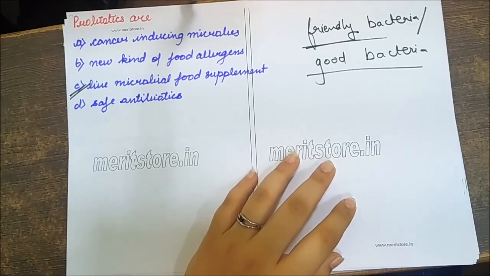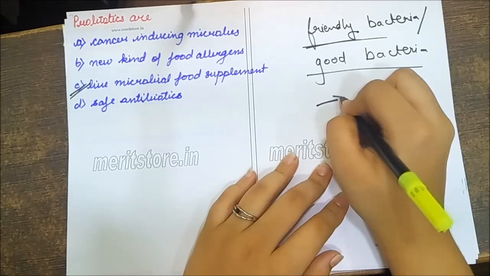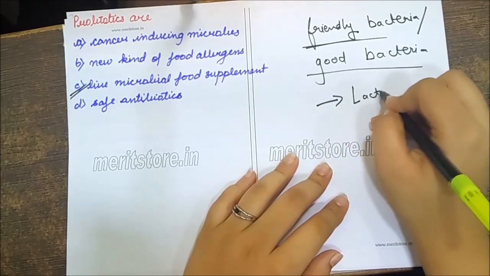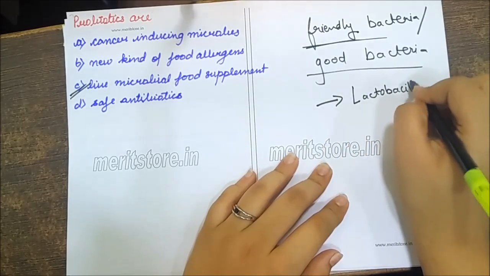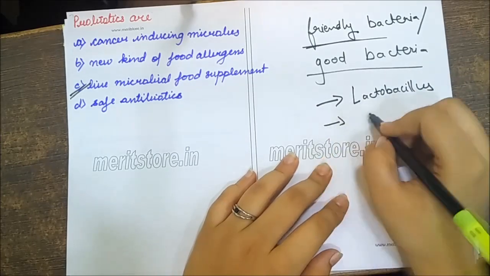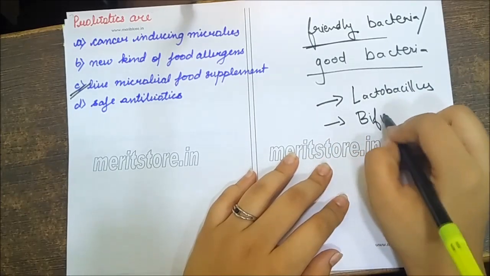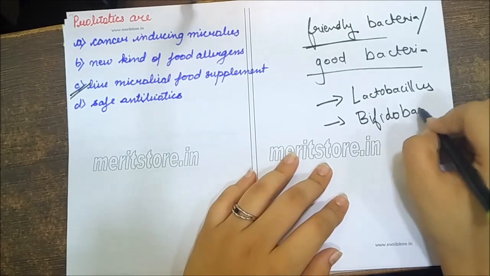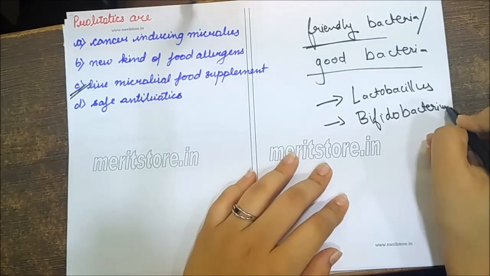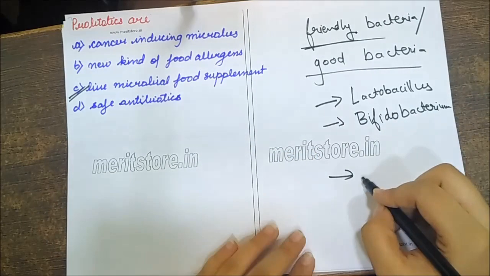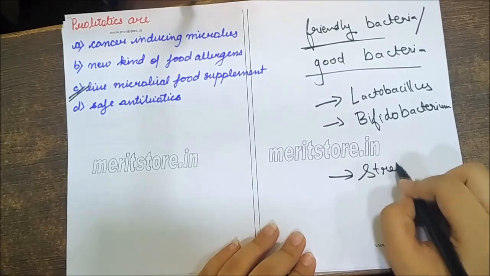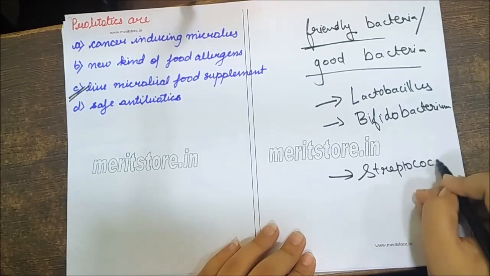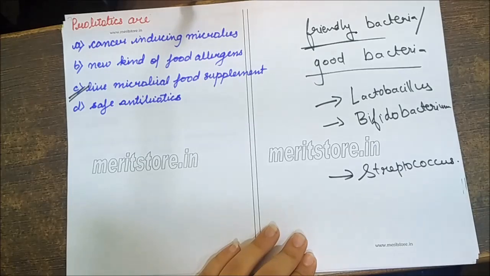Probiotic microorganisms consist mostly of strains of Lactobacillus, Bifidobacterium, and Streptococcus.